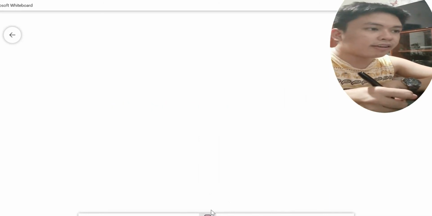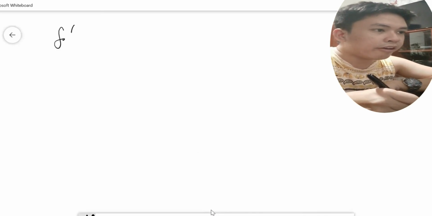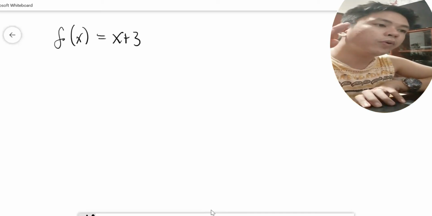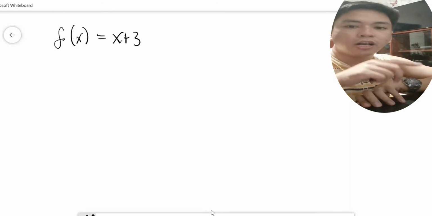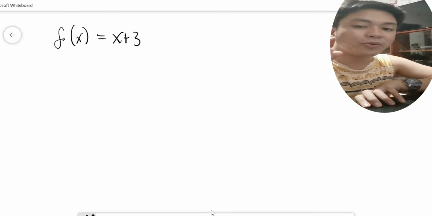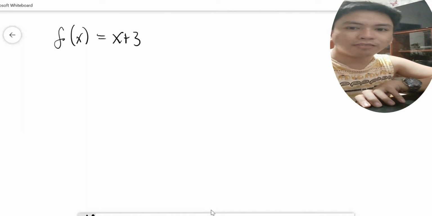Let's say, for example, our f of x is x plus 3. In order for us to identify that f of x is really a function, we do the vertical line test. If it meets the vertical line test only once, then that will be a function. Otherwise, if it meets more than one, then that's not a function. It's just a mere relation.